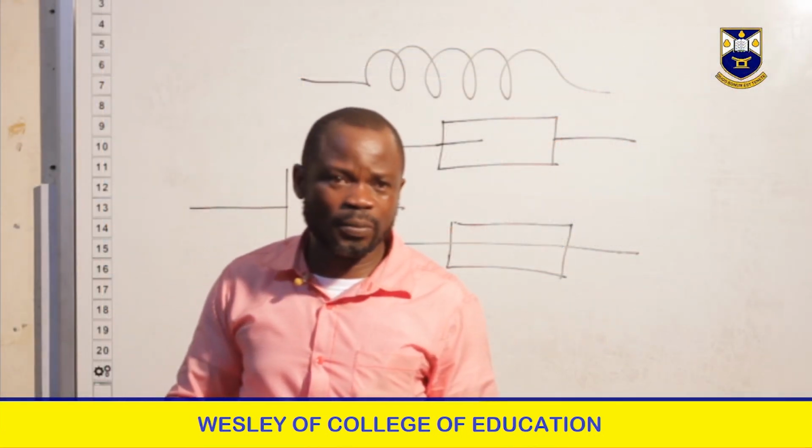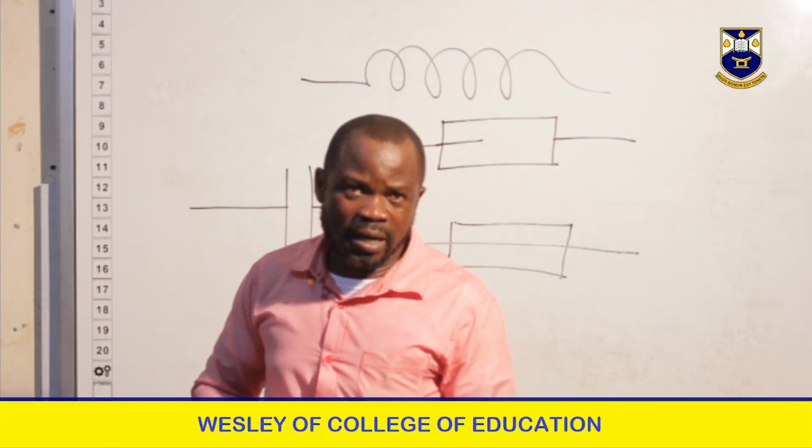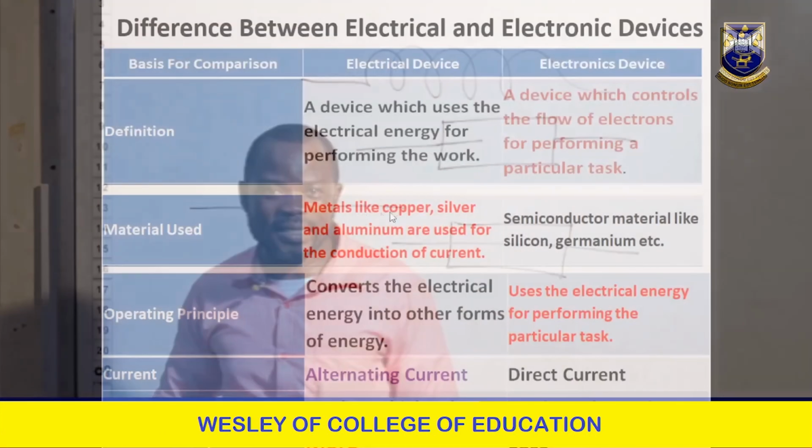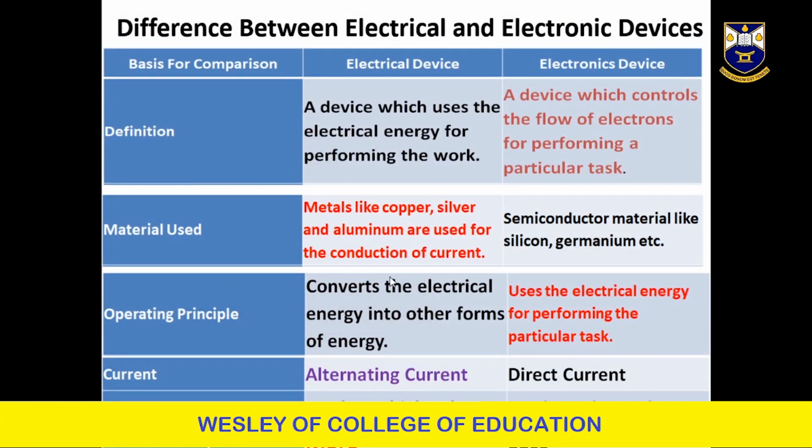Similarly, operating principles. The electrical device converts the electrical energy into other forms of energy, but the electronic device uses the electrical energy to perform a function.